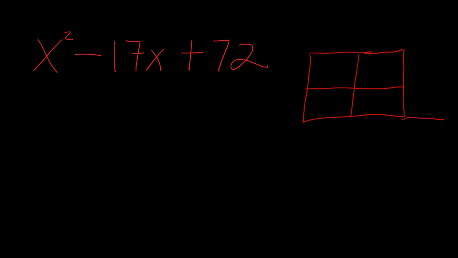Pause and take a minute and see if you can identify the a, b, and c term. Okay, awesome. If you guessed it, x squared is the a term, negative 17x is the b term, and the c term is 72. So I'm going to write that in. I put my a term x squared here, my c term 72 right here, and my b term negative 17x.